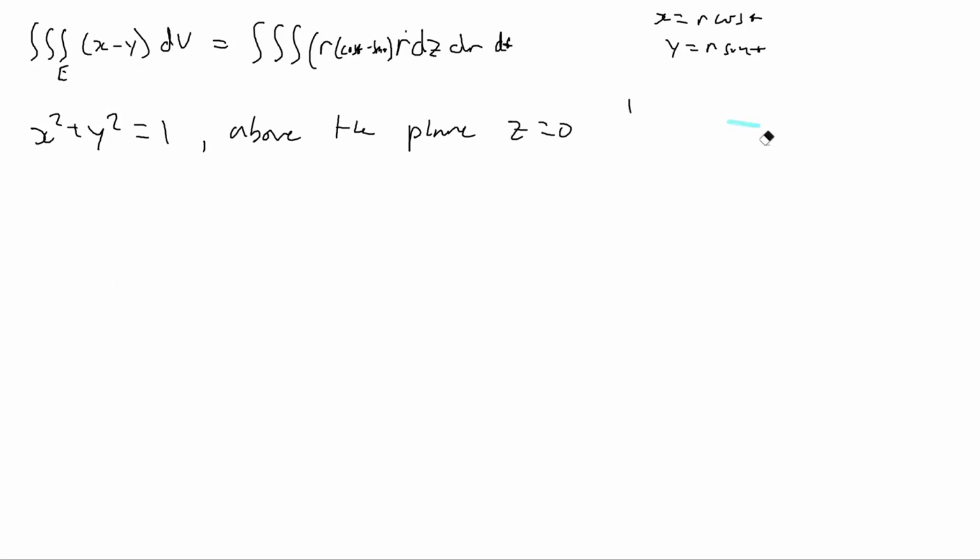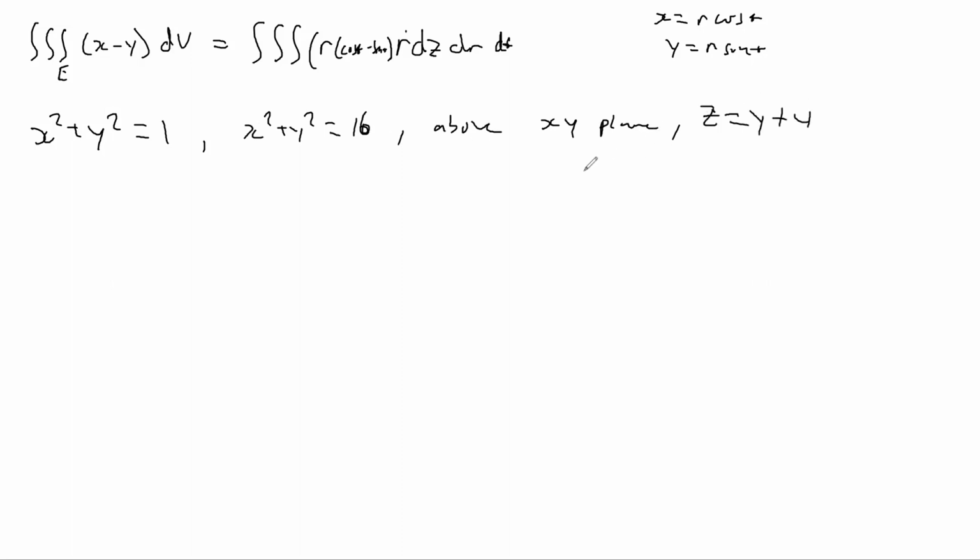So it's actually, sorry about that, it's actually between the cylinders x squared plus y squared is equal to 1, and x squared plus y squared is equal to 16. Above the xy plane, and finally it's below z is equal to y plus 4.